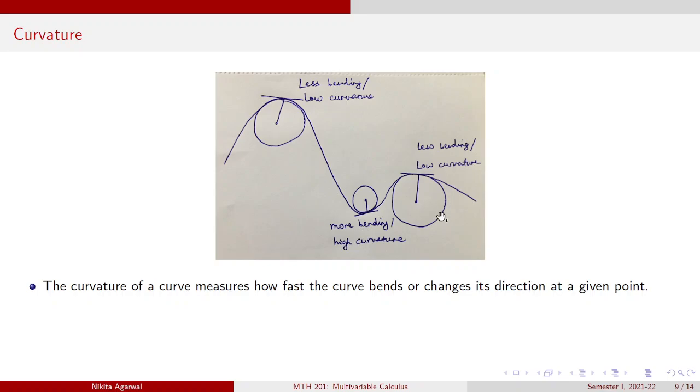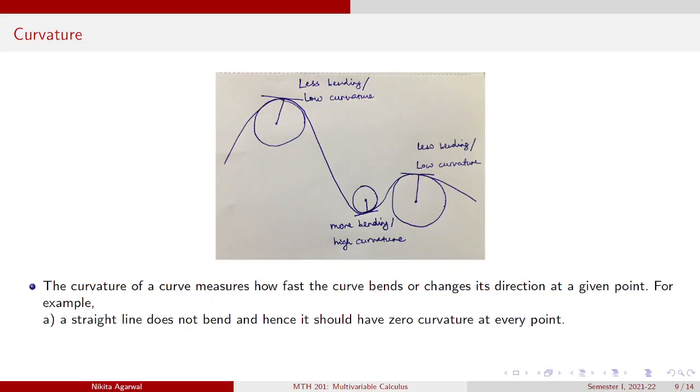While on the other two, you bend slowly. So you have less bending and therefore low curvature. Okay, so you can keep this picture in mind to understand what curvature is, right? So let us look at two examples.